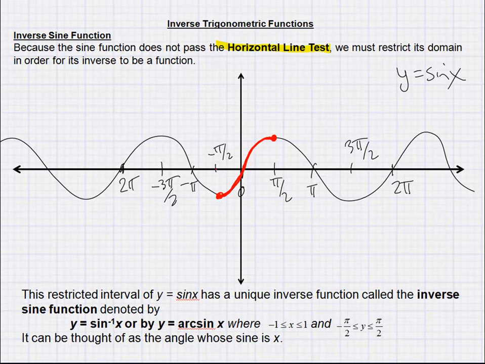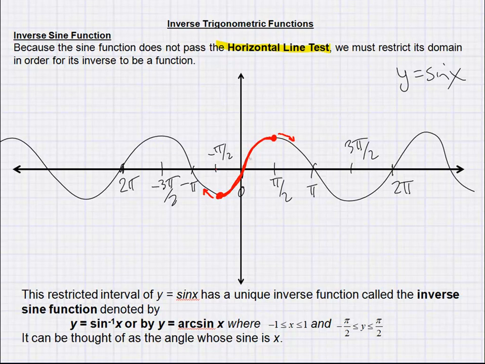Now if I increase this piece just a little bit more, it's not going to be one-to-one anymore, because if I make this go just a little bit further, it's going to start coming back down and we're not going to pass the horizontal line test. If I increase this just a little bit further this way, we're not going to pass the horizontal line test anymore. So this is the biggest I can make this piece so that it's still one-to-one.